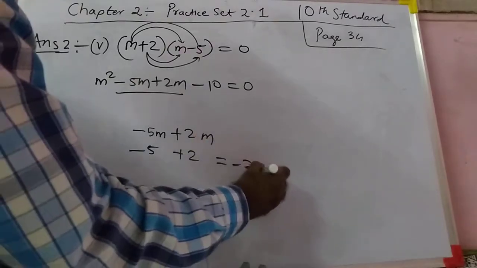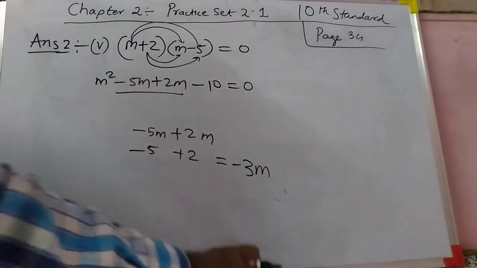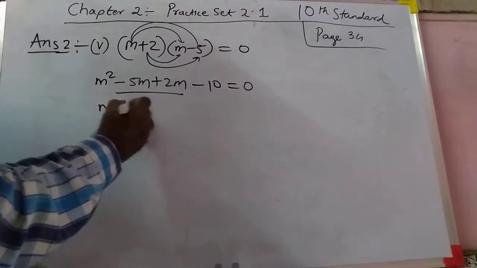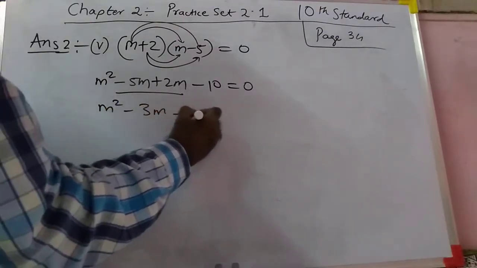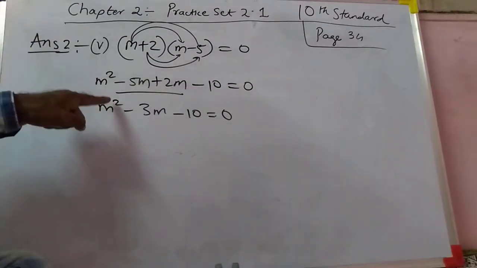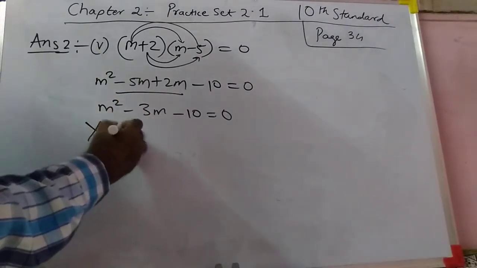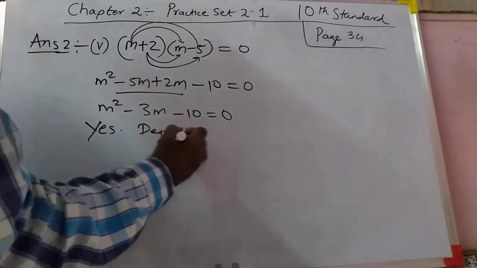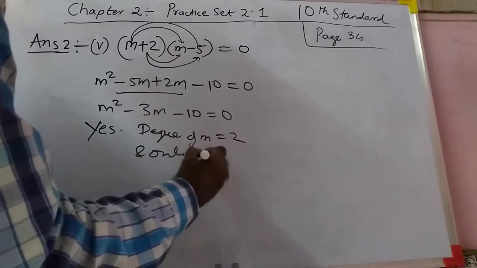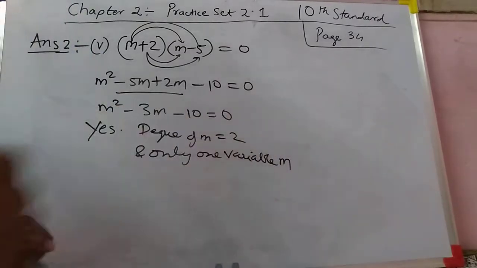Then put this m here, minus 3m. So that will become m square minus 3m minus 10 is equal to 0. Degree is 2 है और m only variable. So yes, degree of m is equal to 2 and only one variable m.